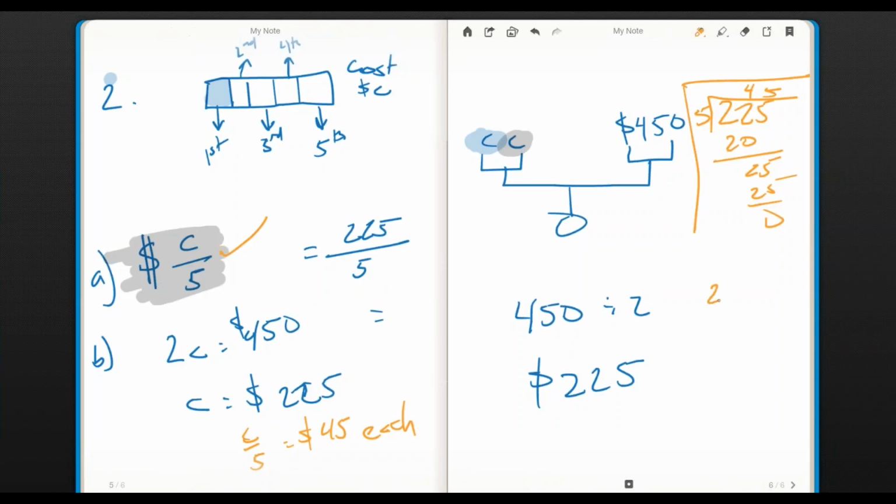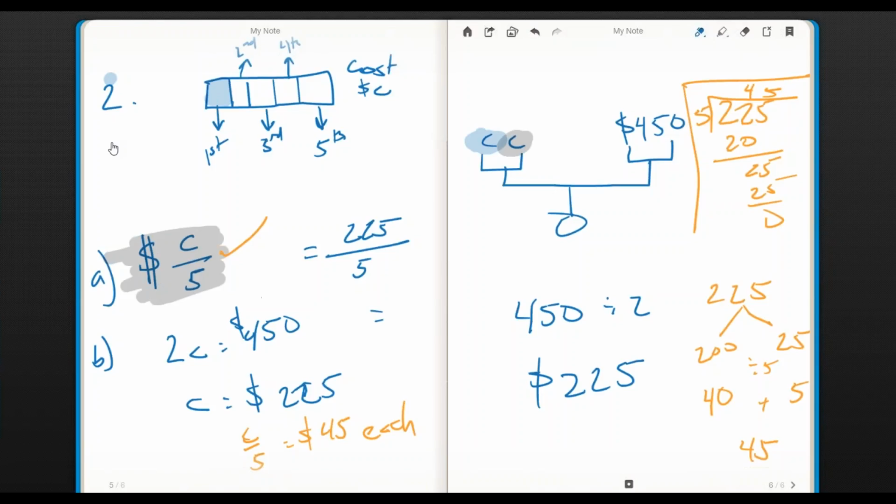Another option, by the way, to take 225 and divide it by 5: if I think of 225 as 200 and 25, if I divide by 5 for each of these, 20 tens divided by 5 is 4 tens, 25 divided by 5 is 5, so that's another way I can mentally think about 45. So that tells us how much each man had to pay for renting a boat, and that answer is $45.